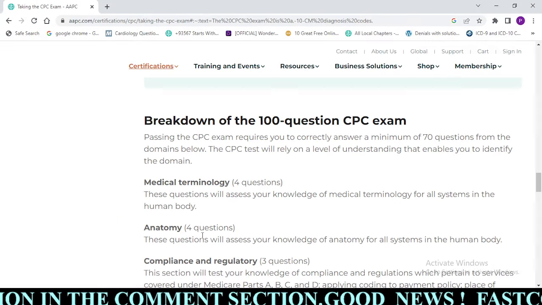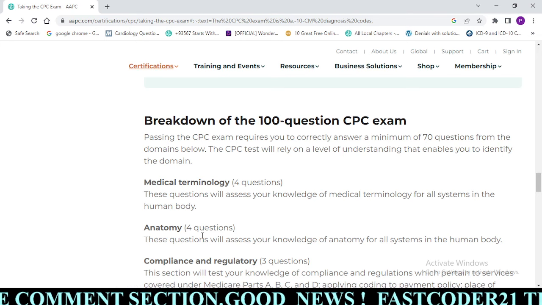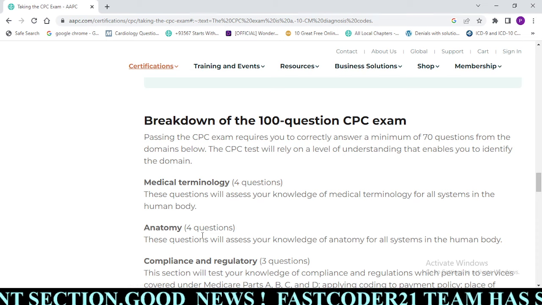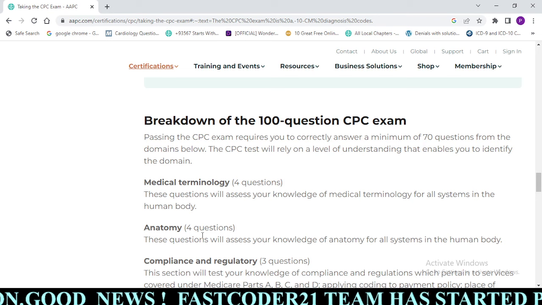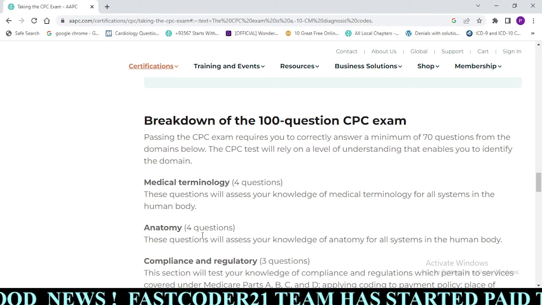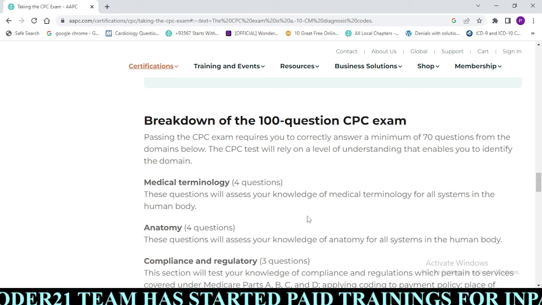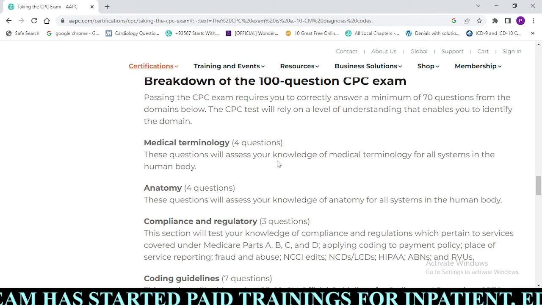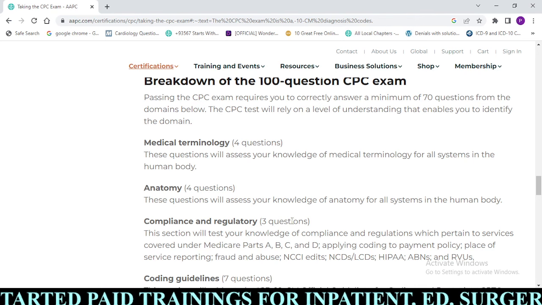First, we will learn how many questions we will get from ICD-10-CM. If you are familiar with your ICD-10-CM book, you will get most of the questions and answers. If you check the breakdown of the 100-question CPC exam, for medical terminology we have 4 questions. Using the ICD-10-CM book, you can answer those 4 medical terminology questions.